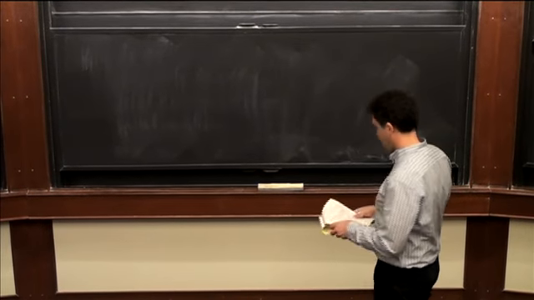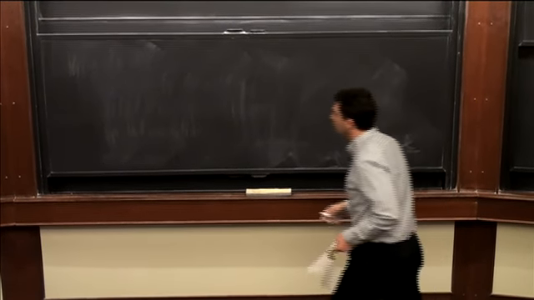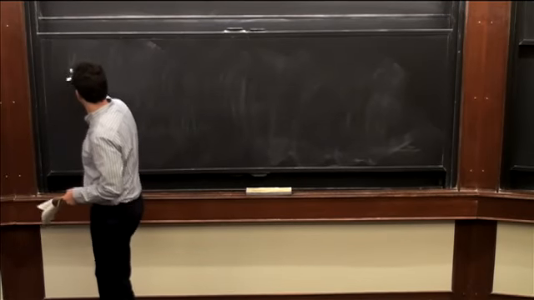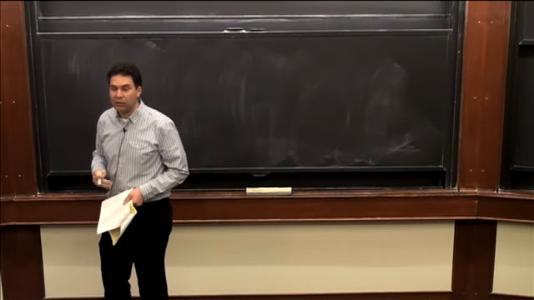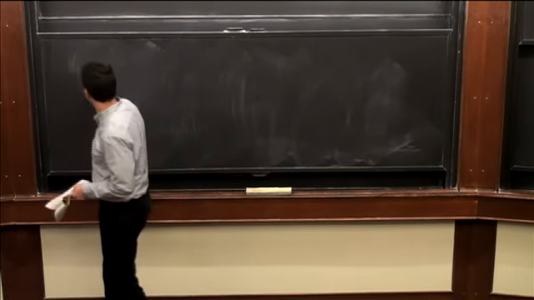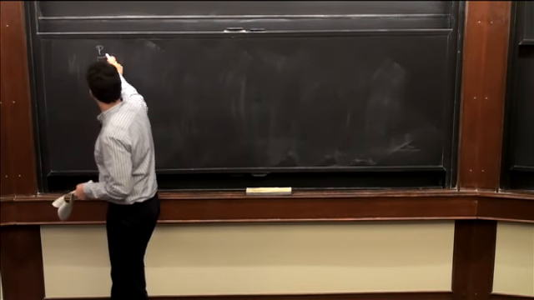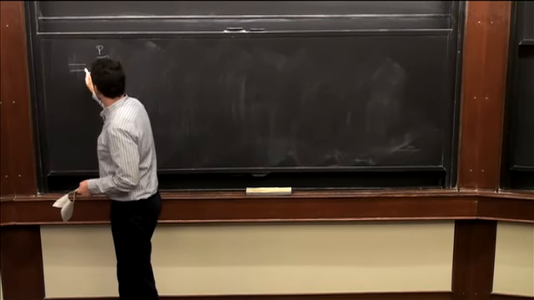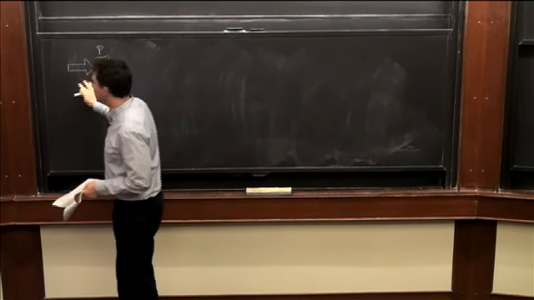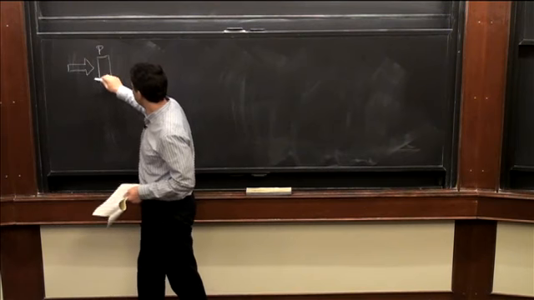Okay. So I just want to talk about this idea of linear spectroscopy as a coherent method. I've got a macroscopic sample, and I'm going to have incident radiation come into the sample.